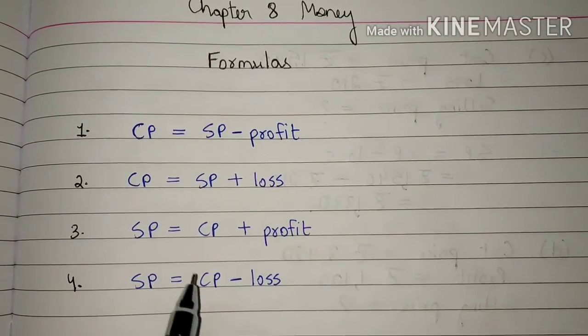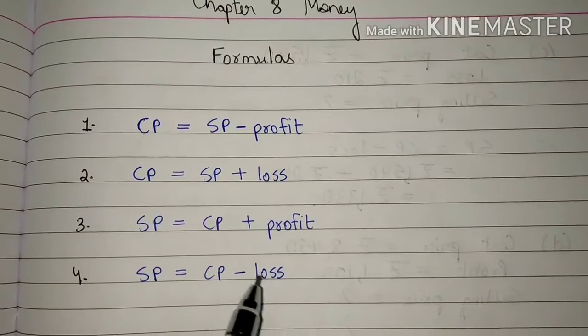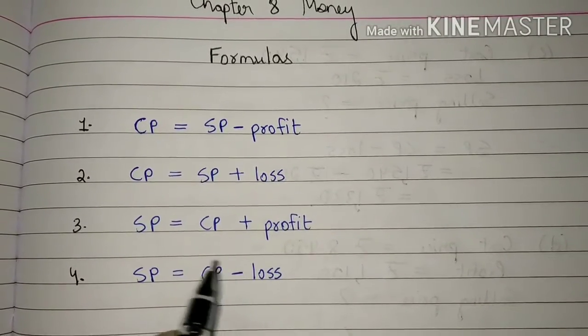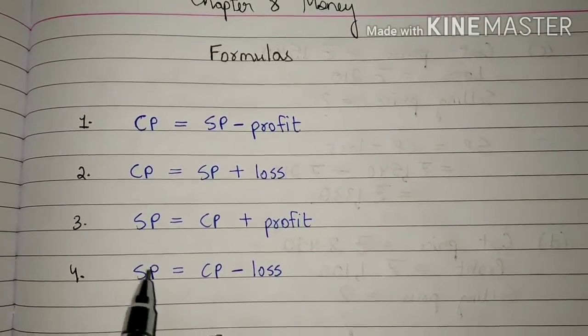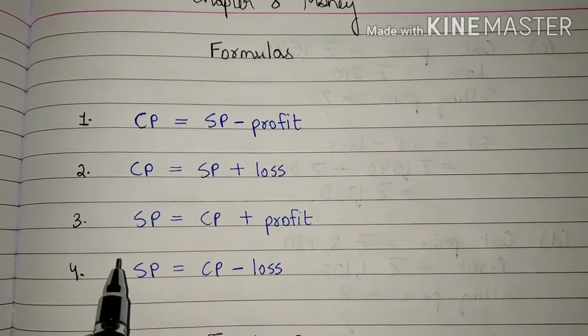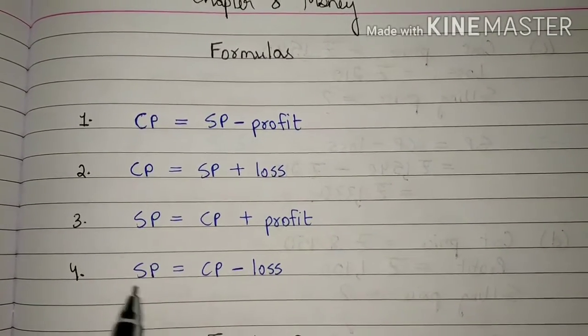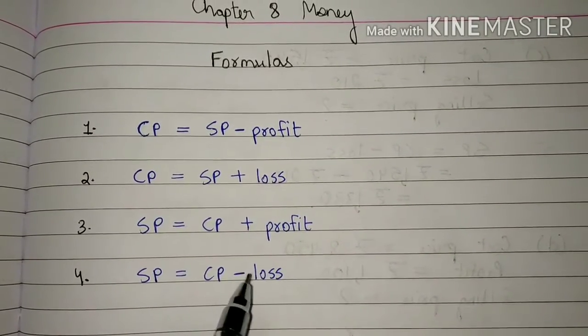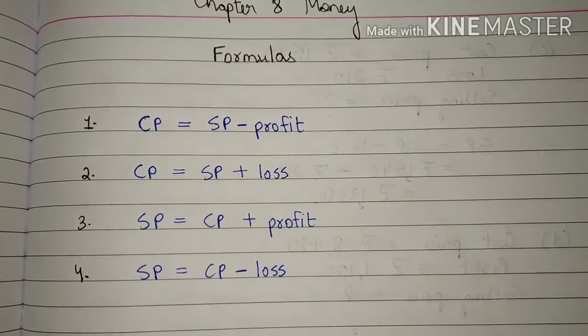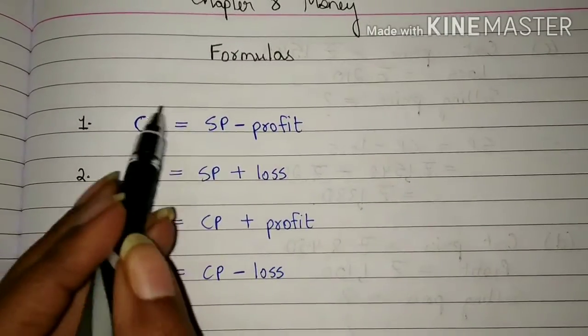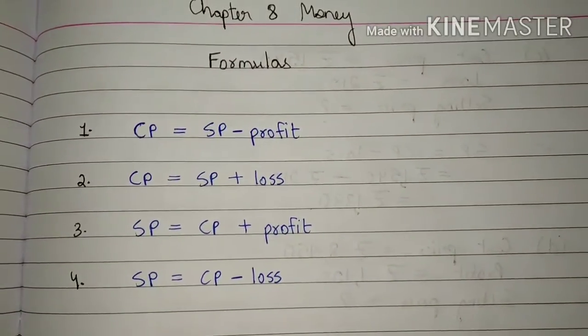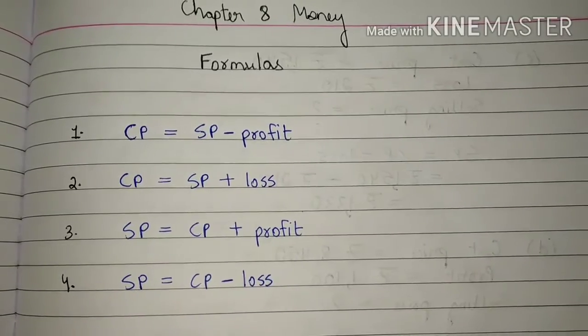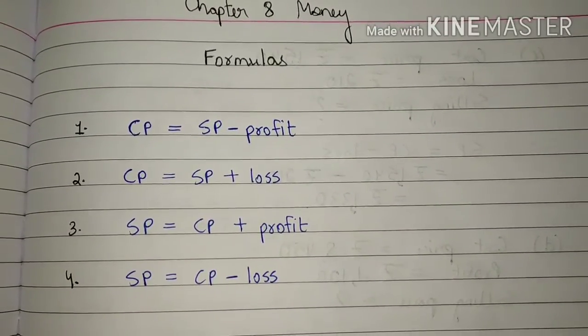When cost price and loss is given and you have to find out selling price, then you will use this formula: selling price is equal to cost price minus loss. So students, these are the formulas which you have to learn before solving question number 1 of exercise 8C.